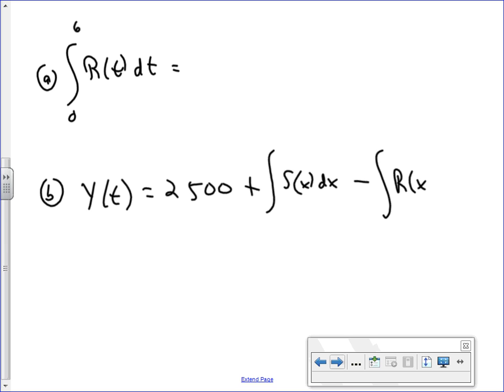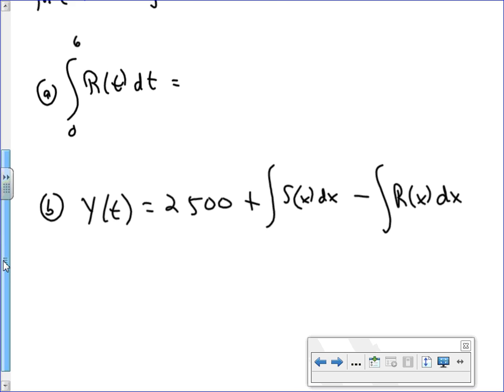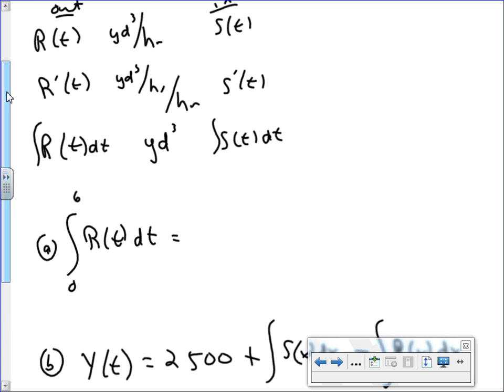Now, what is this measuring? How much sand? If I want to measure how much sand, then it's definite intervals. Yes? How much sand? Cubic yards of sand.